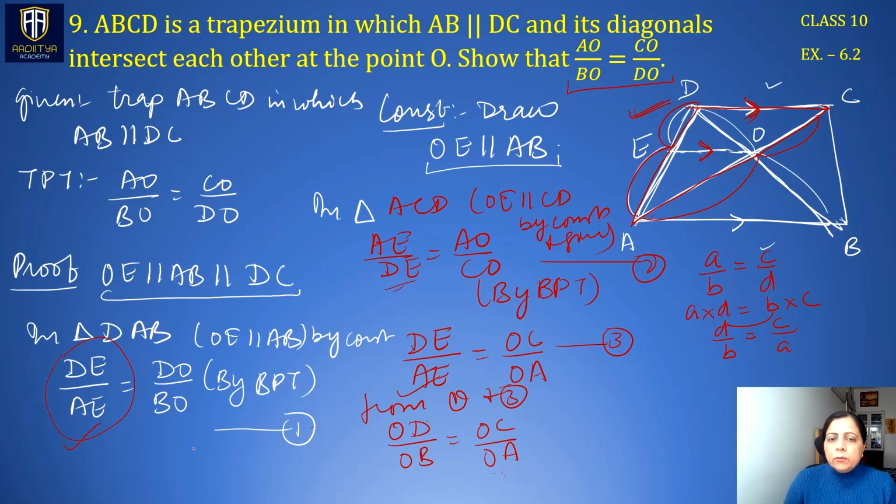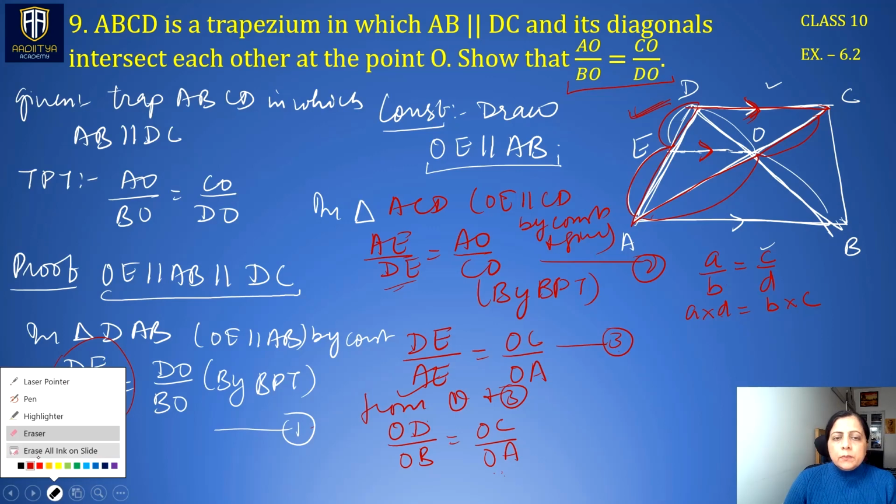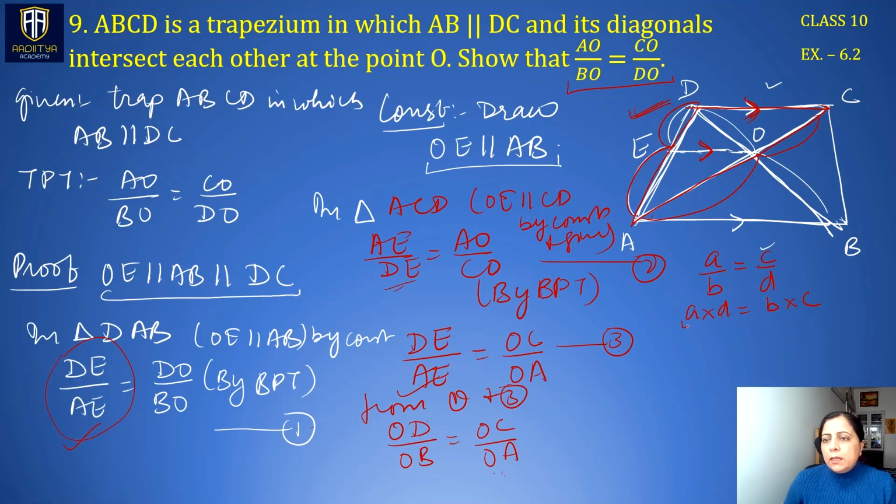Ultimately, even if you don't get this, see one thing. The product has to be the same. A into D is equal to B into C. So if we multiply these two, we can write this as OA upon OB is equal to OC upon OD, because the product remains the same: OA into OD is equal to OB into OC.